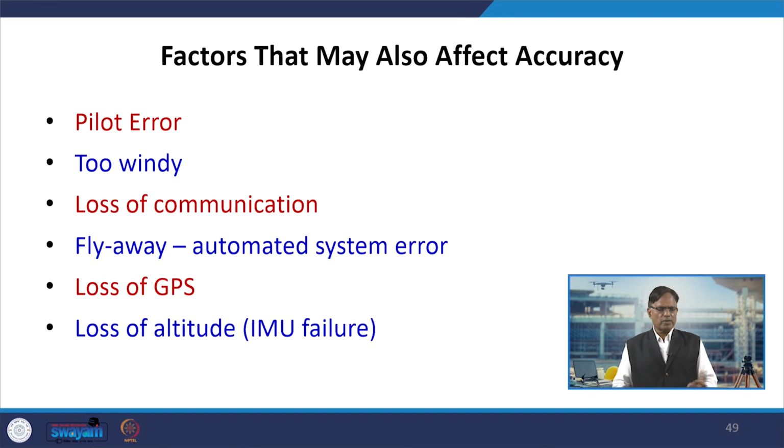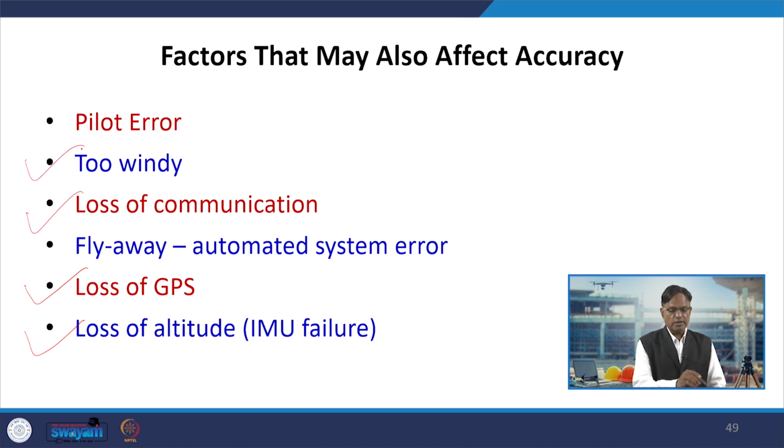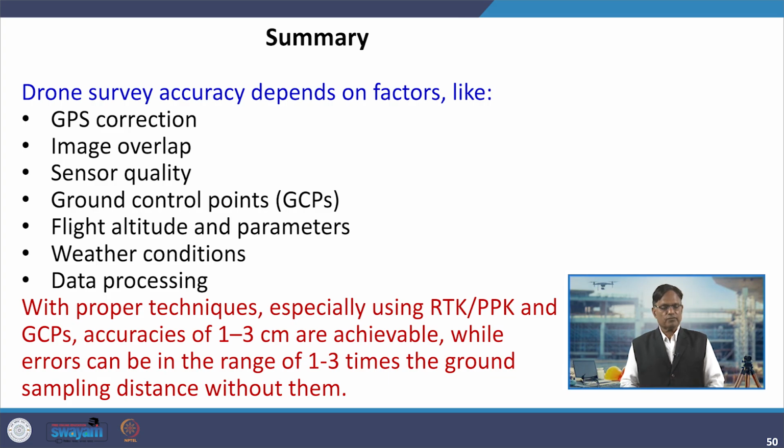Factors that might affect the accuracy are many, but they could be loss of GPS, loss of altitude, loss of communication, too much wind, pilot error, fly away, or automated system error. So these are some of the factors which will affect the accuracy of the data.